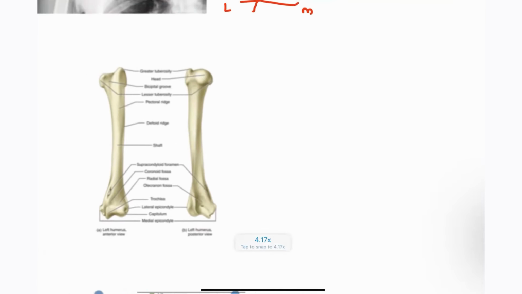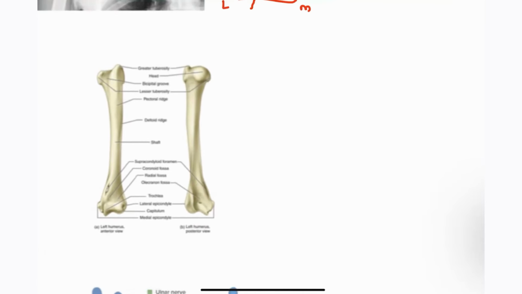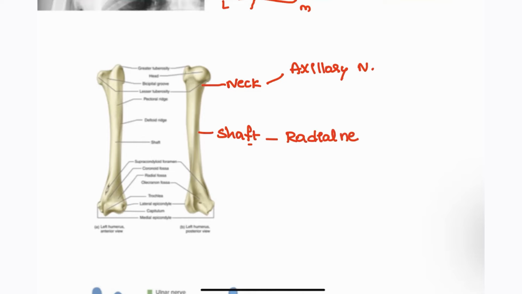Next, this is your humerus. So here, this is the neck, and this is the shaft. So what happens? If there is a fracture in the surgical neck, the nerve most commonly damaged here is the axillary nerve. If it is the shaft, it is the radial nerve. Okay, and vessels can also be asked in the examination: posterior circumflex artery.